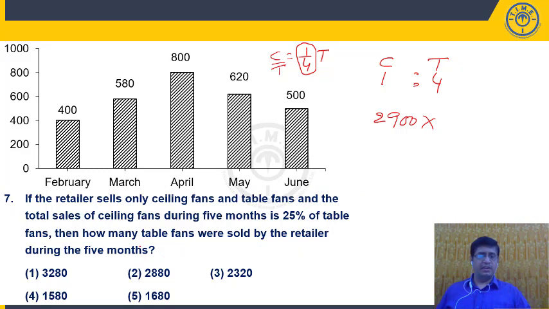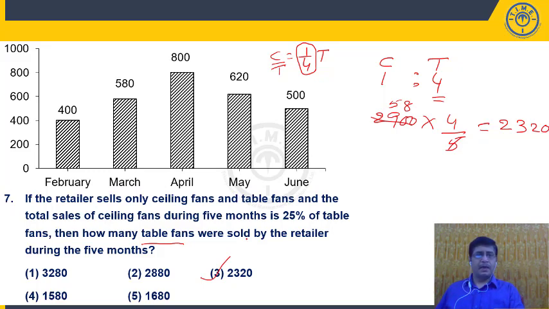How many table fans were sold? Table fans sold is equal to 4 parts. 4 by 5, 5 is the sum of the ratios. Now simplify this. 5 goes into 2900 how many times? 580 times. So 4 into 580 is equal to 2320. 2320 means what is the right option? Option number 3. Third choice is the right choice.